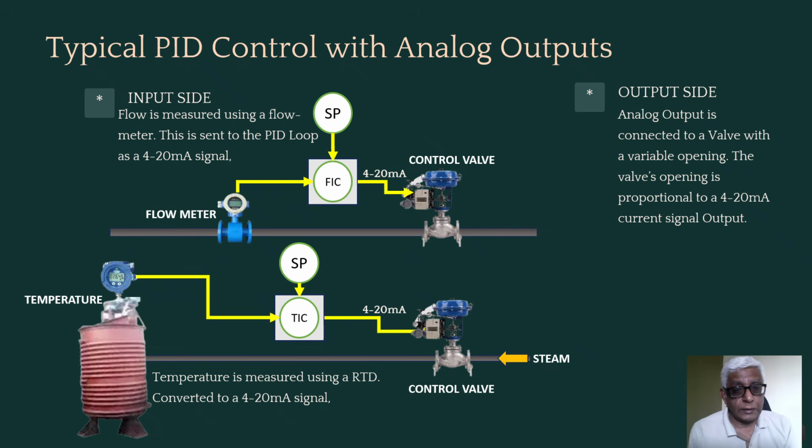Here again, in a similar way, the temperature is measured, it is taken to a PID loop, and the steam is controlled with a control valve in order to achieve the set temperature. Alright, this is the analog type of control. We'll compare this with how duty cycle fits in the next slide.